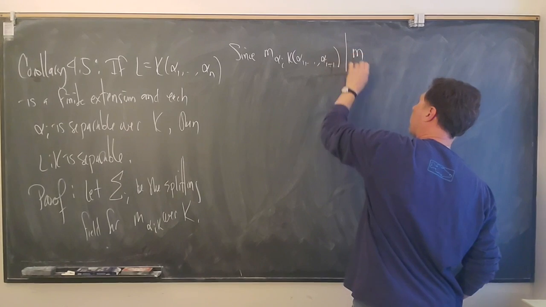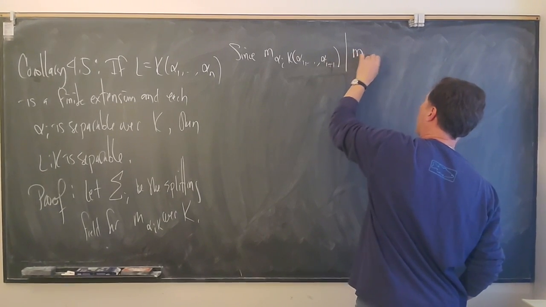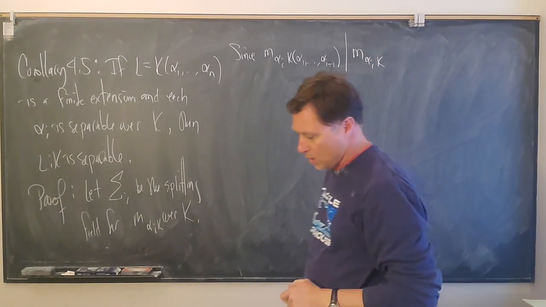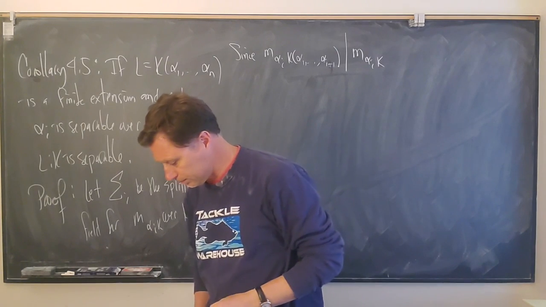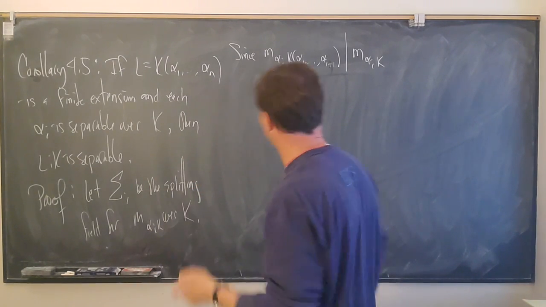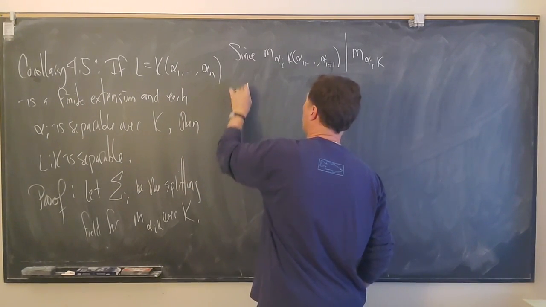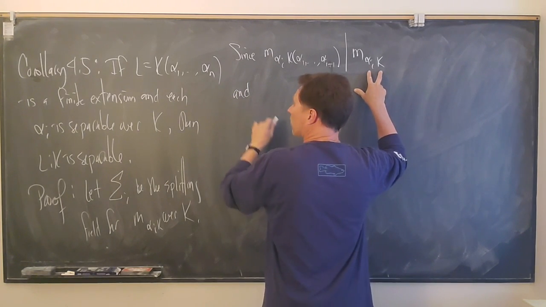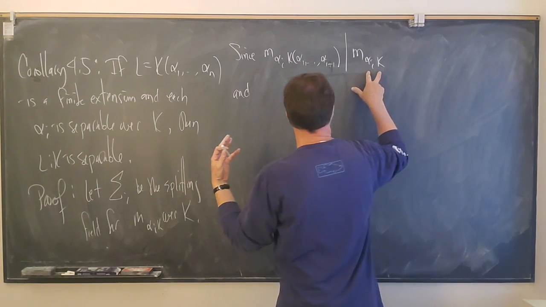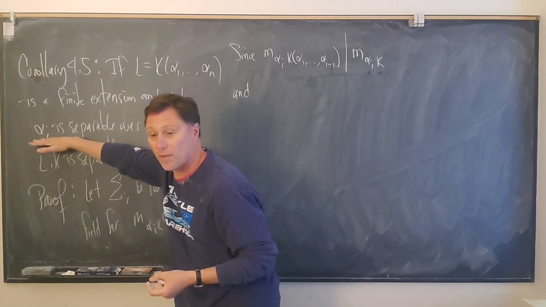divides the minimal polynomial of alpha I with respect to K, what that tells us is that each of these polynomials is separable, because we assume that each alpha I is separable.